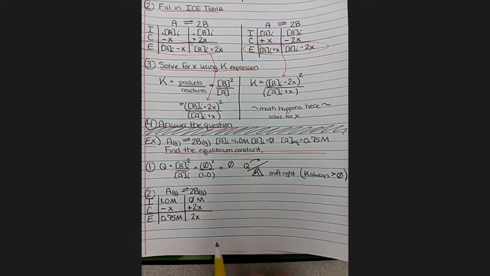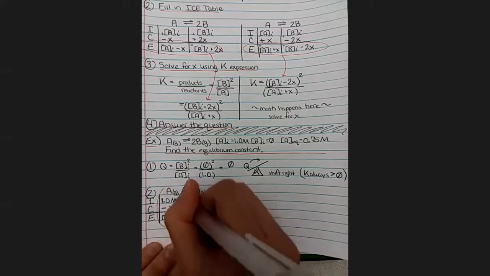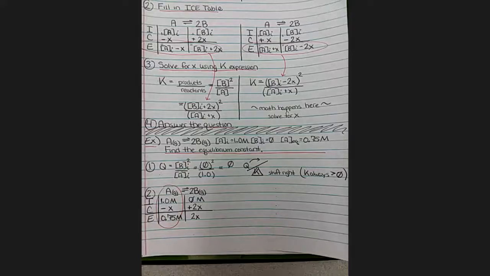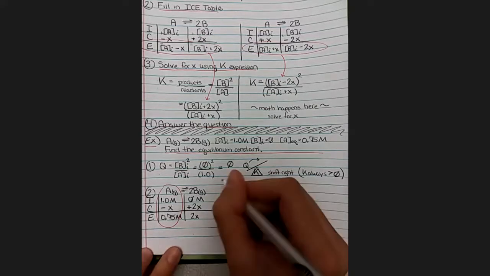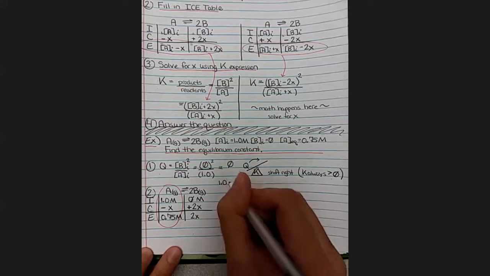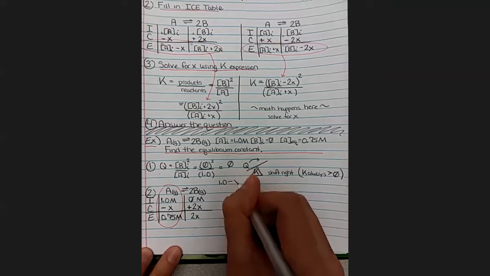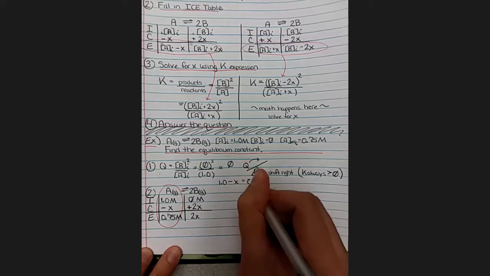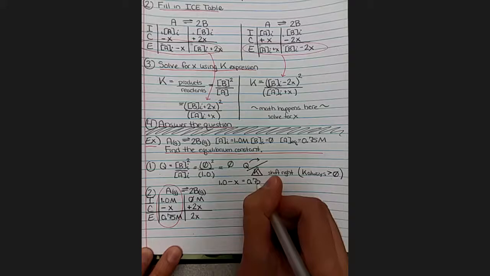This is a pretty straightforward example where there's not going to be a lot of math involved, because you can see we happen to have 2 out of the 3 numbers in the A category. So we can actually figure out what that X is. We know that the I row plus the C row should equal the equilibrium row.